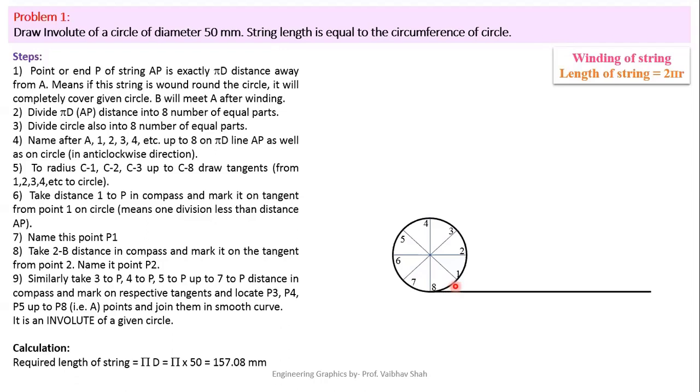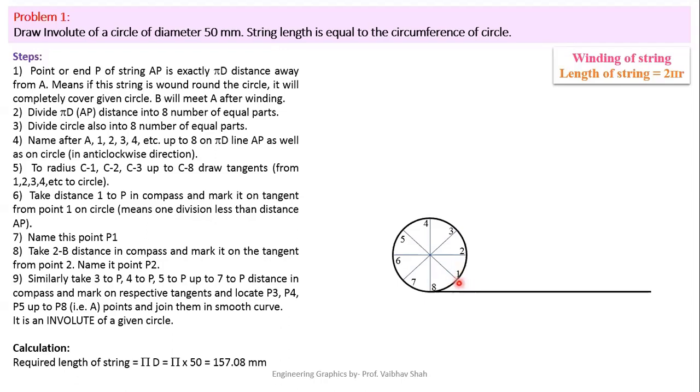Now let us understand the logic of why I have given the numbering in the anti-clockwise pattern only. Whenever it is said you are winding the string, that means your numbering would be of this type. So this is our string. If I try to wind this string, it will just wound around this circle like this. String will first touch this point on this circle.